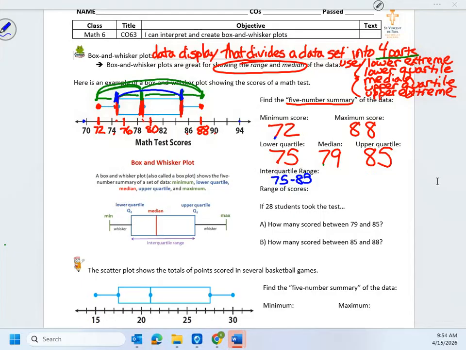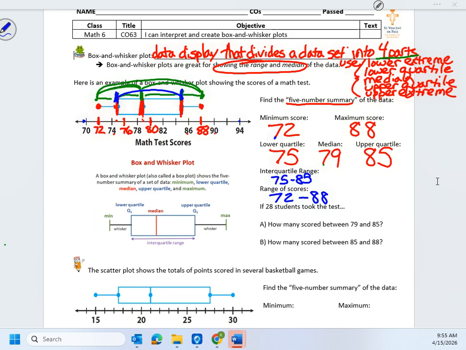Rhoda? 72. What is the maximum score? 98. So that range of scores is not the full number line that's listed. That number line goes on longer than what our scores are. So we have to go from our minimum to our maximum. So that lower extreme to the upper extreme.